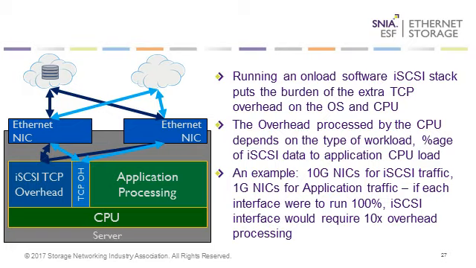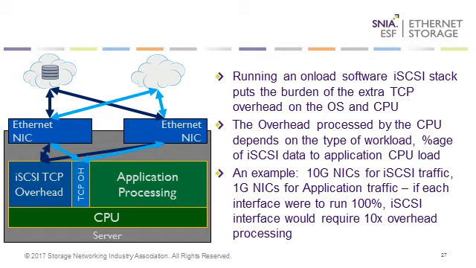But essentially, if you are doing a pure software onload, as Rob mentioned, the iSCSI stack puts the burden of the extra TCP overhead on the OS and CPU for the storage. If you were to do a direct comparison to something like a local SCSI, you're basically just using the I/O interrupts. In this case, you're using the I/O interrupts as well as TCP overhead for communications.